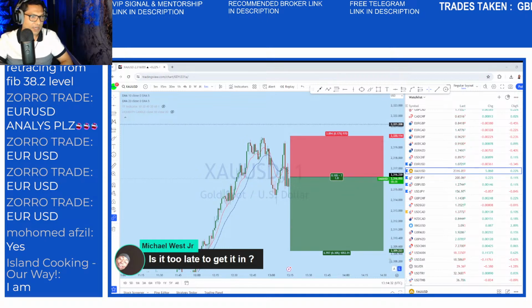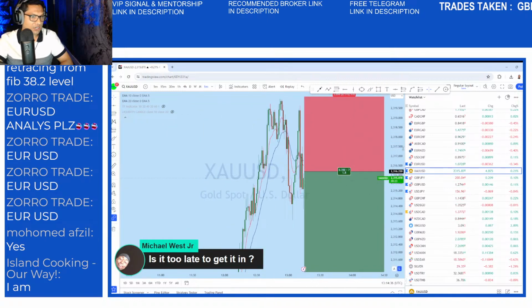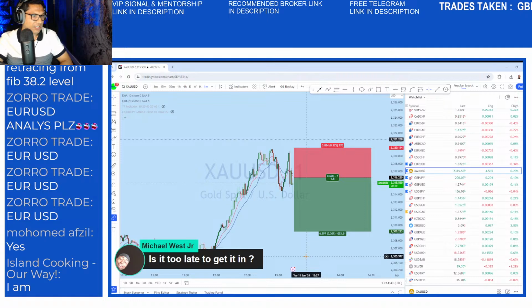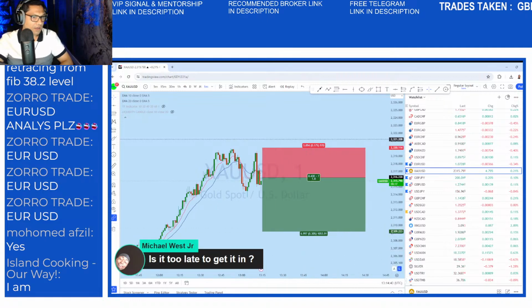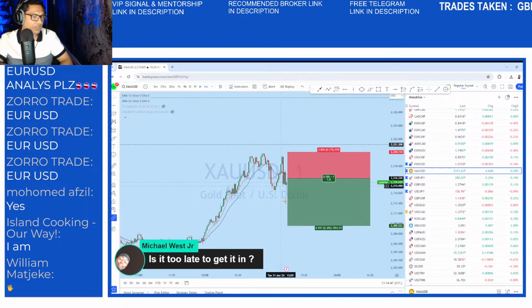Here we can see again a little bit of pullback, but the way it has got rejection, I'm still expecting it to reverse in that direction. So let's wait for another candle formation downside.